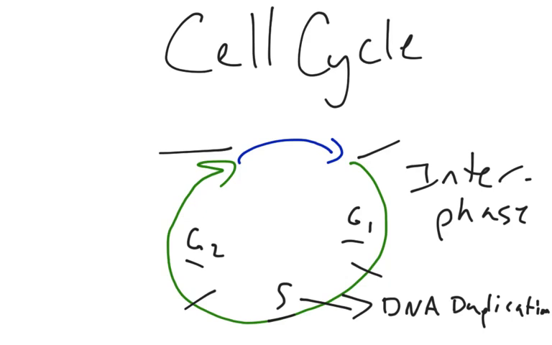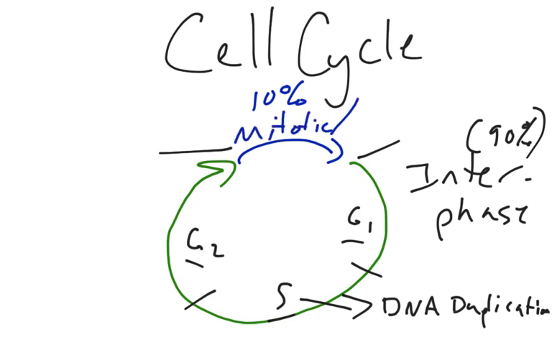Now, a cell spends most of its lifetime in interphase. It's about 90%. The last 10% is spent in the mitotic and cytokinesis phase, because they happen together.